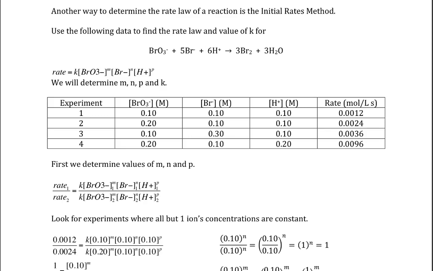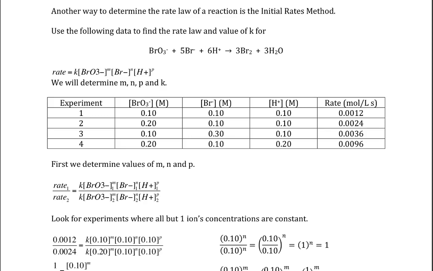The rate law conceivably depends upon the concentration of BrO3-, Br-, and H+. So we have rate equals k[BrO3-]^m [Br-]^n [H+]^p, where those powers m, n, and p are the orders. I had to use 3 different symbols because we have 3 different possibilities.